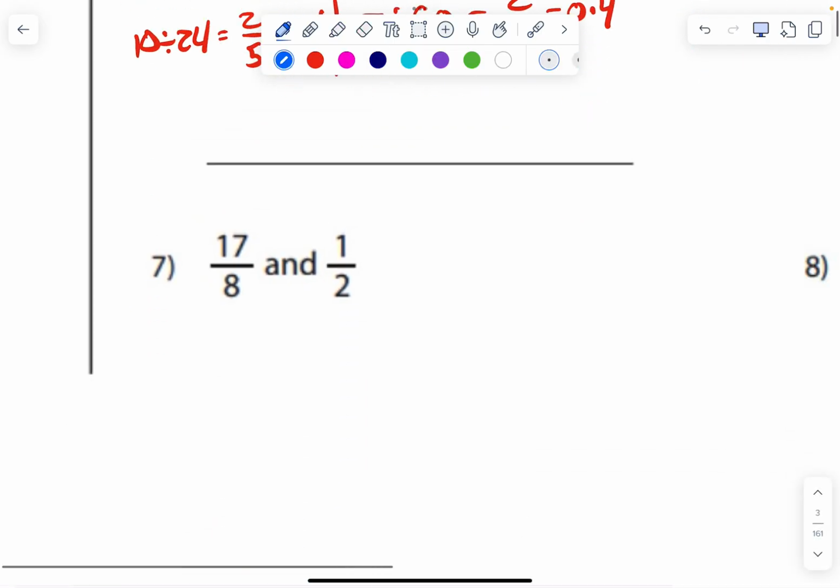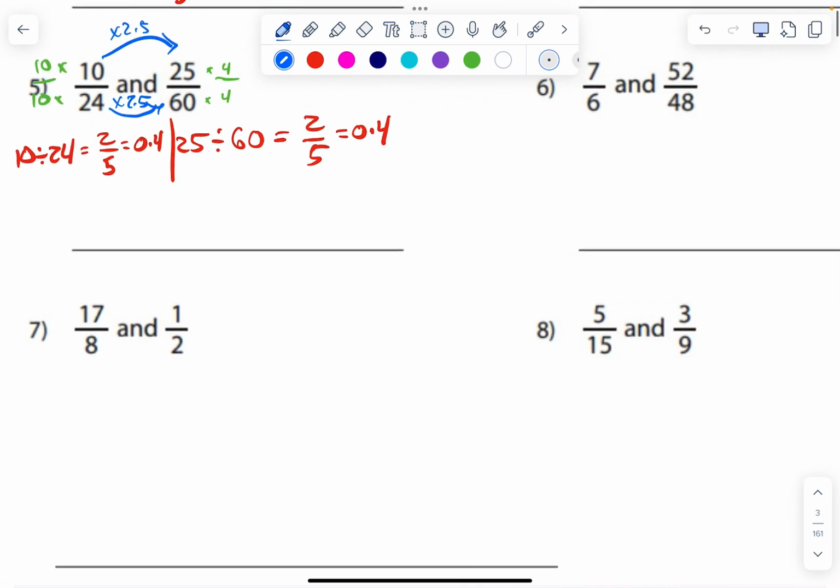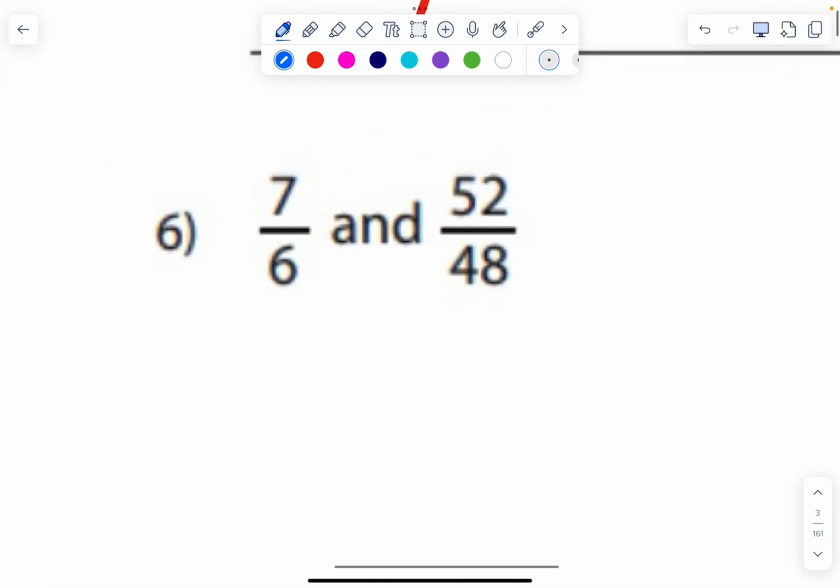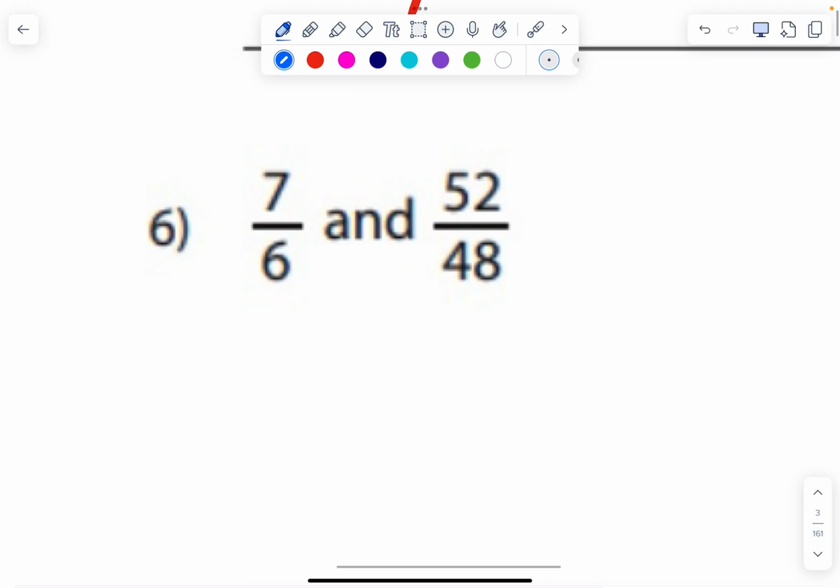Are there any other ones here? Let's do that one. That one's kind of weird. One reason I wouldn't recommend that is because it's hard to think of ways to make the fractions the same. Like, think about this one.